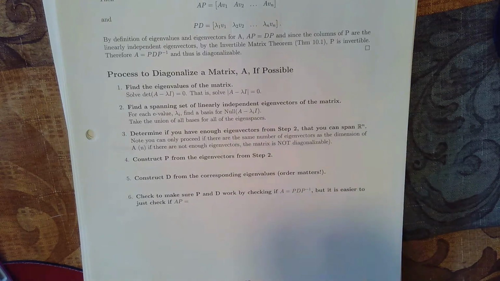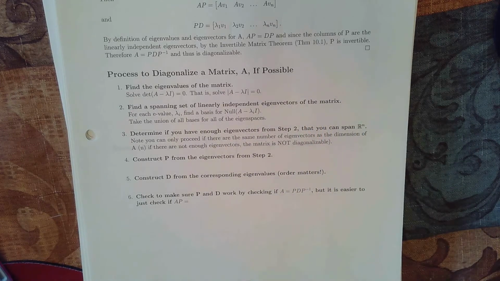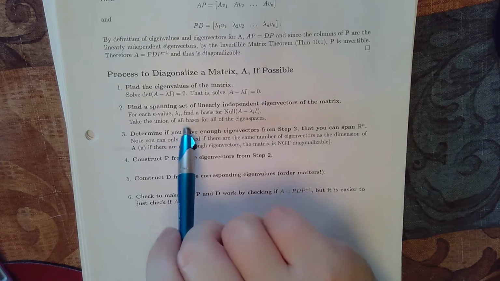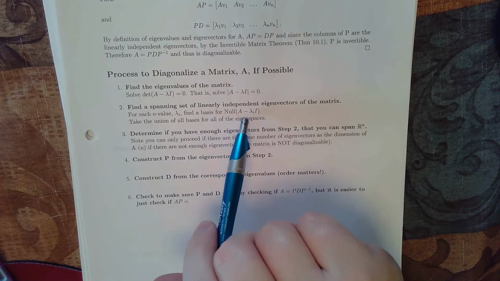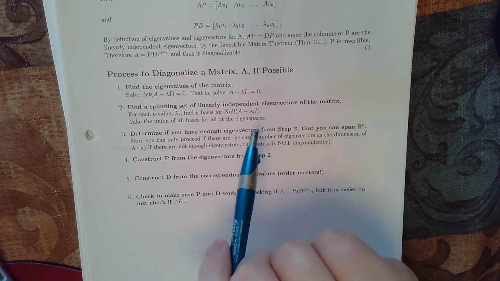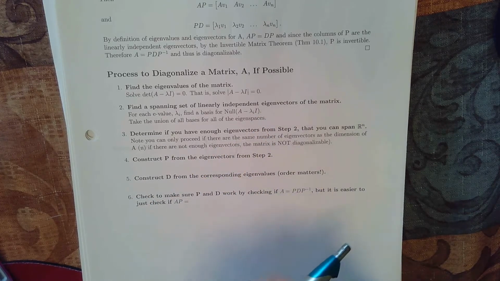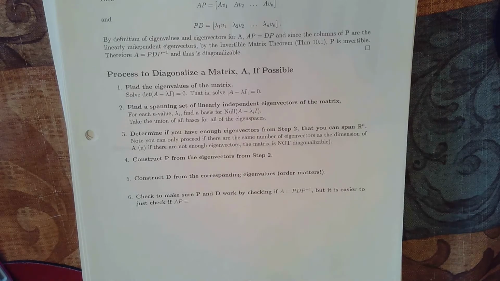From there, we want to try to find a spanning set of linearly independent eigenvectors of the matrix. So for each eigenvalue lambda i, we're going to find a basis for the null space of A minus lambda i times the identity matrix. And then we'll take the union of all of those bases for the eigenspaces. In other words, we'll take each of the eigenvectors we get and put them together.